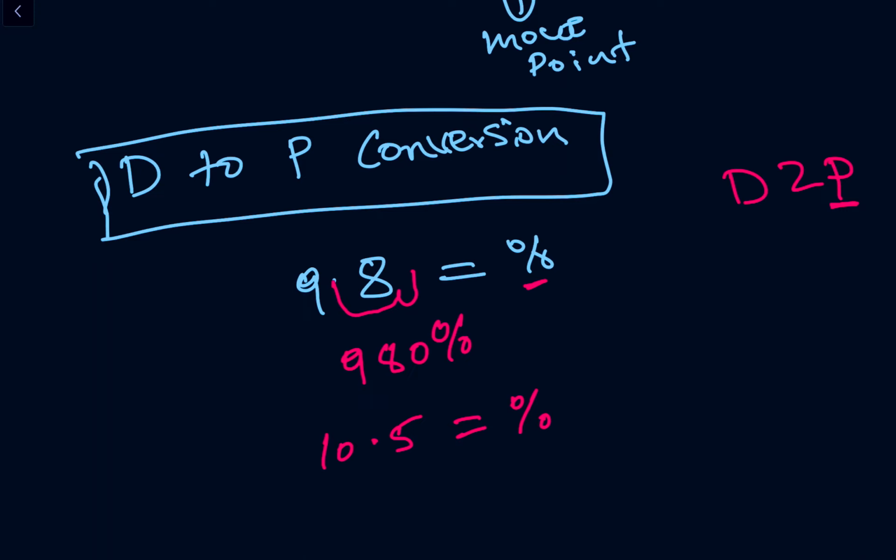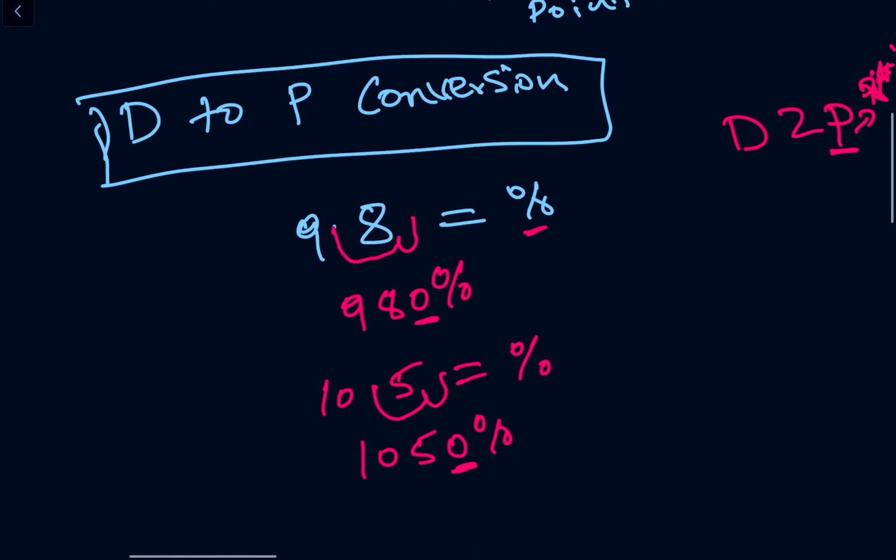Since we want to get to percent, we are going to move the point 2 places to the right. So we're going to get 1, 2. So I'm going to get 10.50% as an answer.